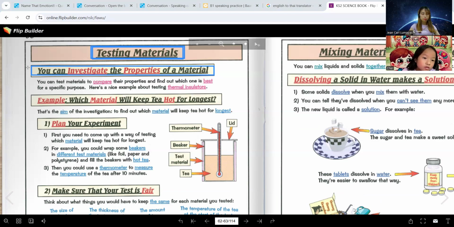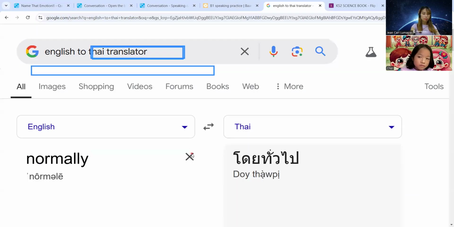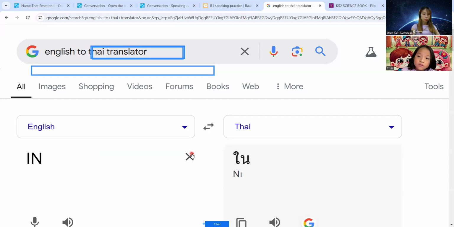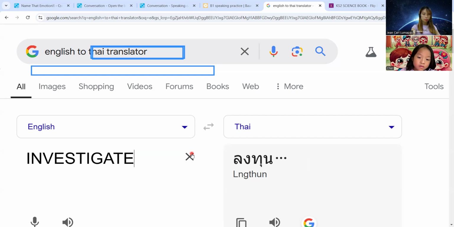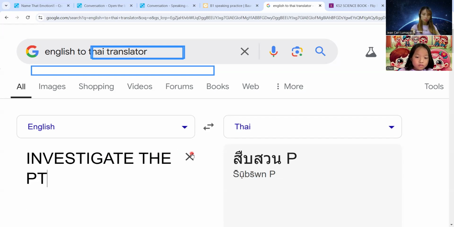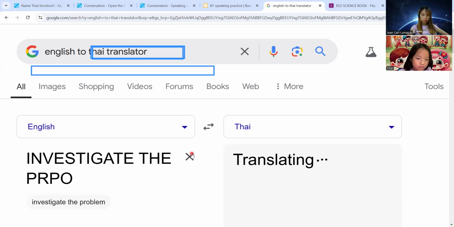You can investigate the properties of the material. Okay, do you know the word investigate? Yes or no? Yes. Okay, investigate the property of the material.